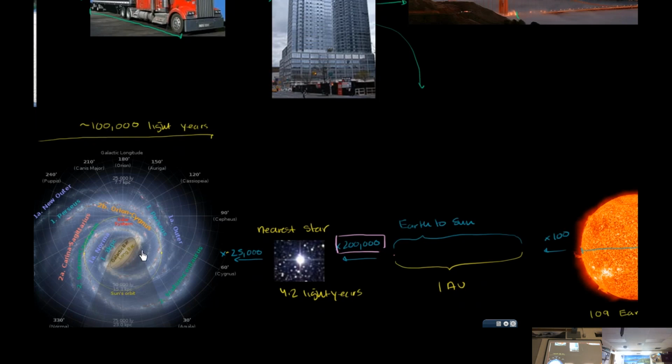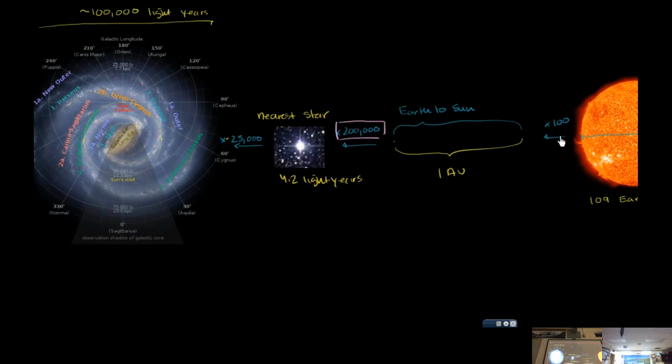And now, frankly, my brain is already well beyond anything that it can really process. At this point, it almost just becomes abstract thinking. It just becomes playing with numbers and mathematics. But to get a sense of the observable universe, and we have to be clear because we can only observe light that started leaving from its source 13.7 billion years ago, because that's how old the universe is.